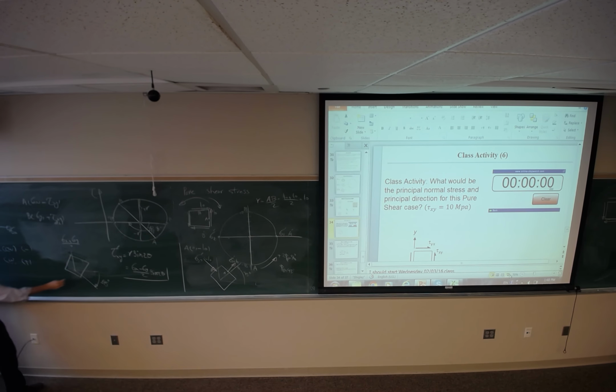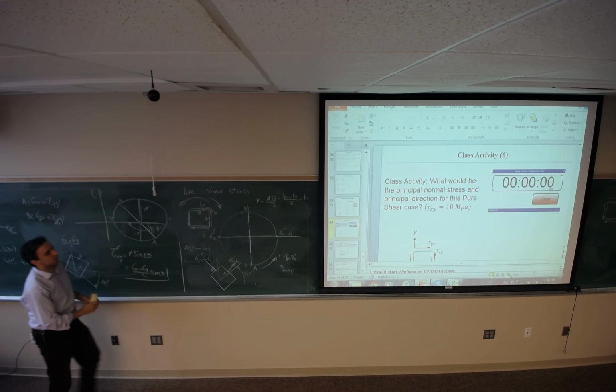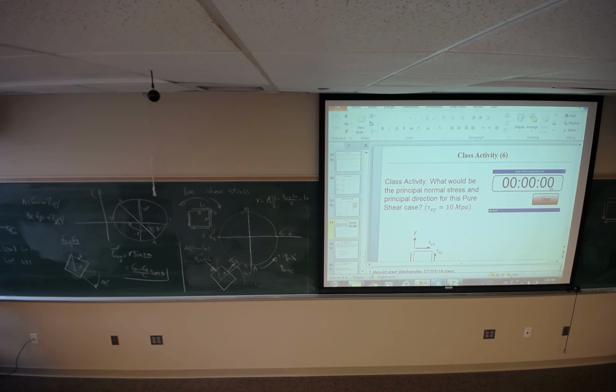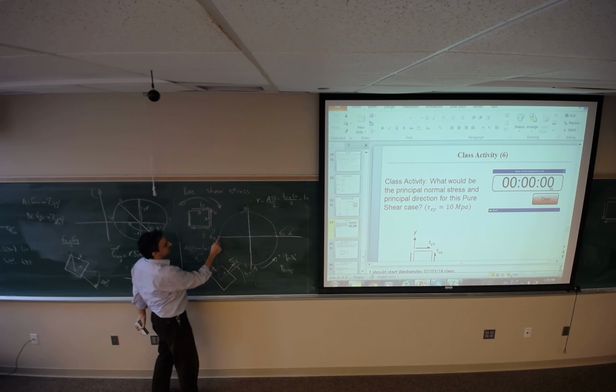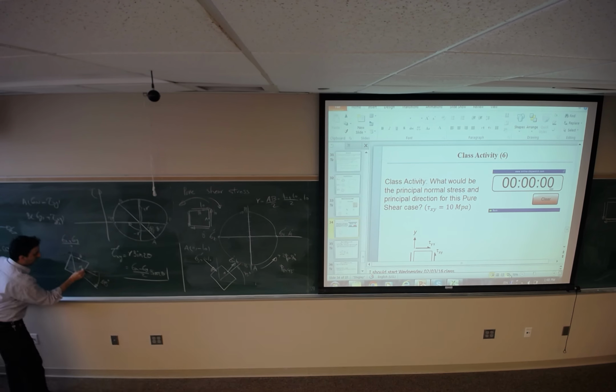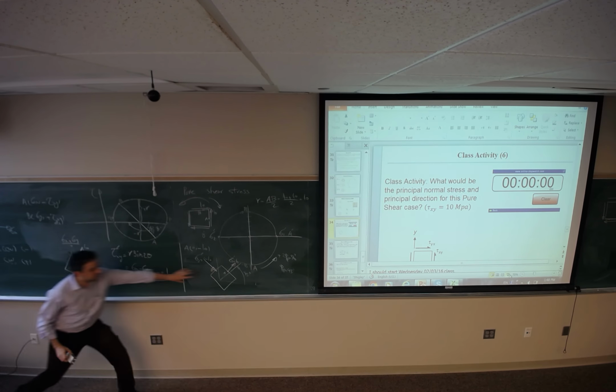Point A is going to be here, point B is going to be up there. If I rotate it clockwise 45 degrees, point A is going to see negative 10, and point B is going to see positive 10, which is exactly the same as this one.